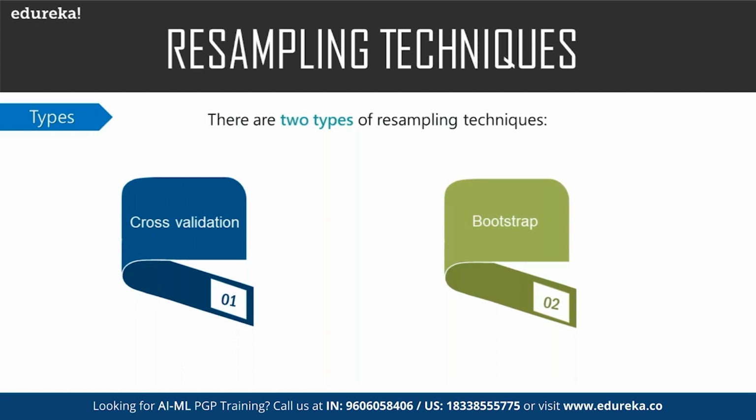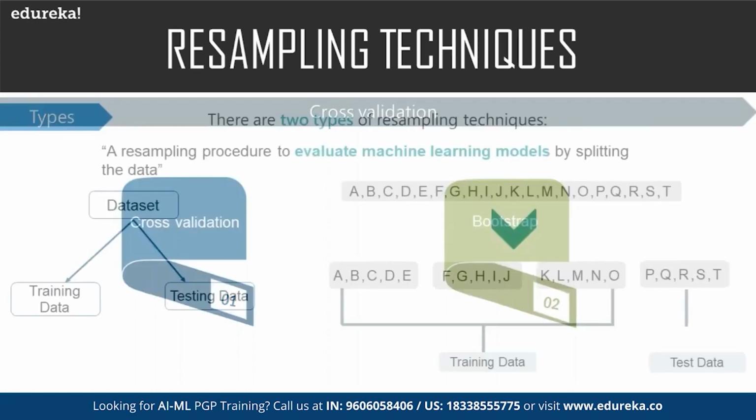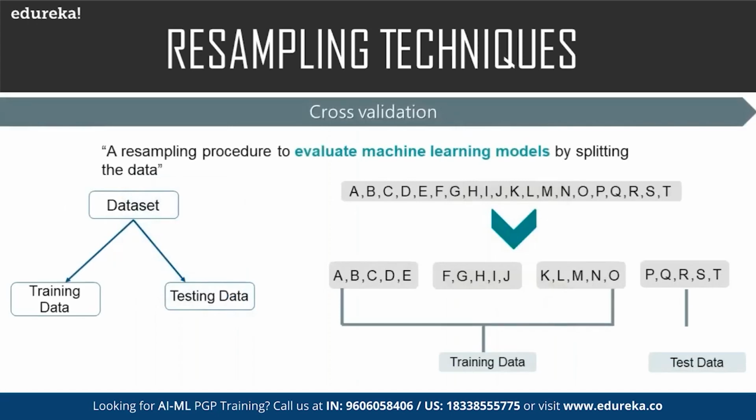Bootstrap is different, and we also sometimes use it for bagging in machine learning. Coming to cross validation, it is again a resampling procedure, and it is primarily used to evaluate the machine learning model.